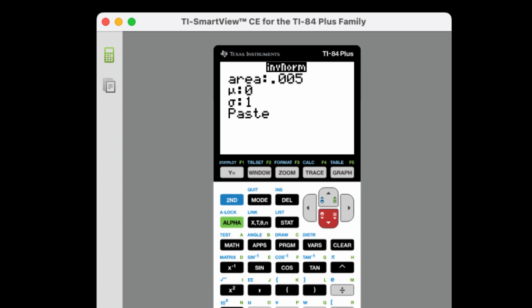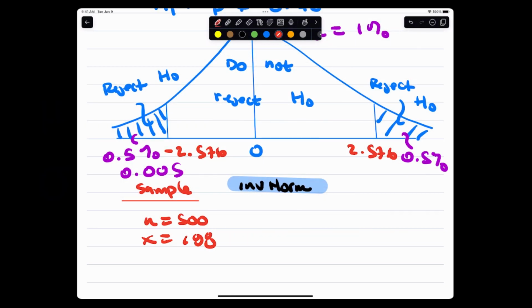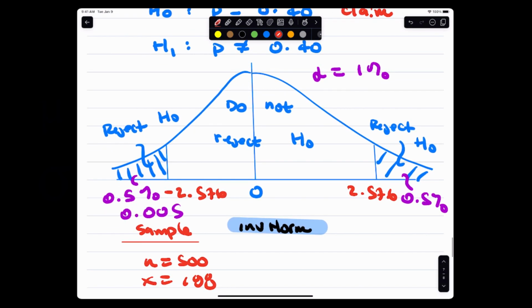What do you end up with here? It's negative 2.576. And then positive 2.576. You guys okay with that? So you get negative 2.576 and positive 2.576. That's how you get your critical values.